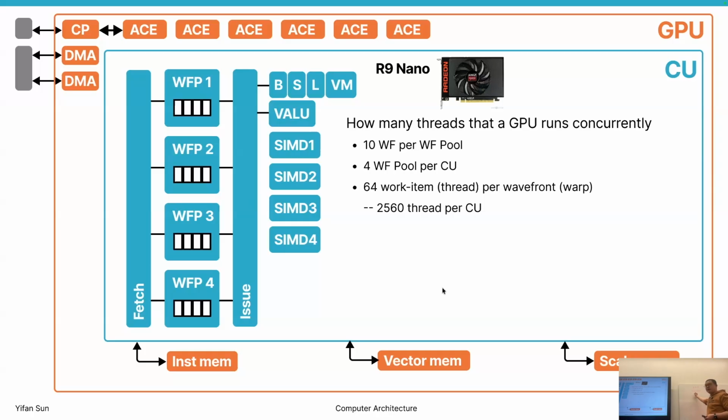Then in AMD, we have something called wavefront. I like this name because it means something, or sometimes it can be shortened to wave. Then in NVIDIA, this is called warp. It's also very commonly used. Then at the lowest level, this thing is called work item, and this side is called thread.